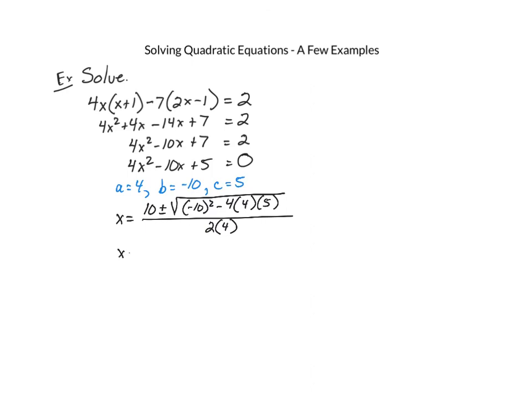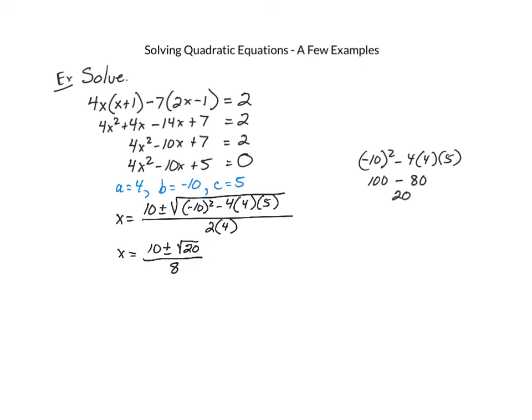And now we have some simplifying to do. The radicand, I'm over here on scratch paper, is -10 squared minus 4 times 4 times 5. So that's 100 minus, let's see, what is that, 80? So that's 20. So I have 10 plus or minus the square root of 20 over 8.